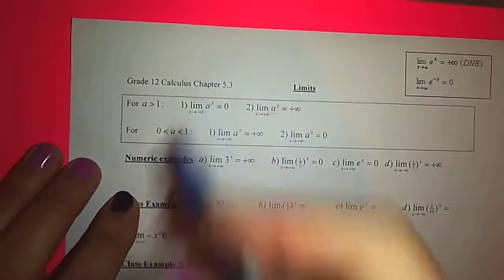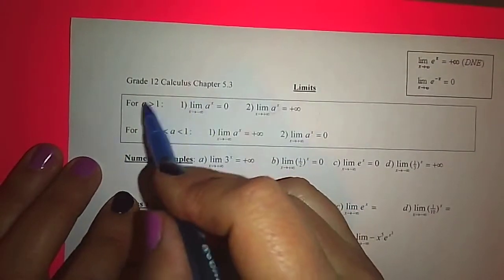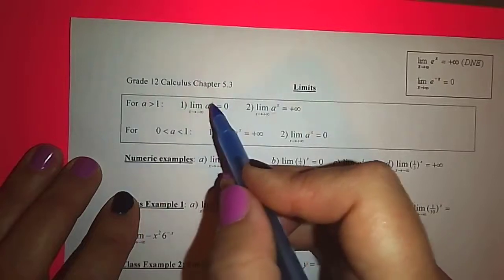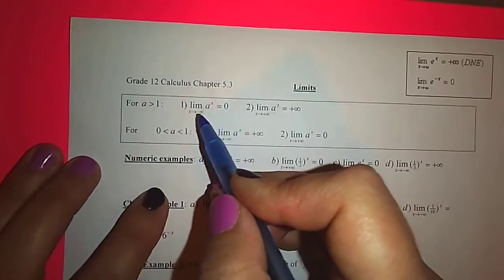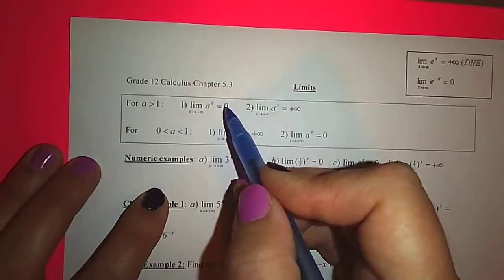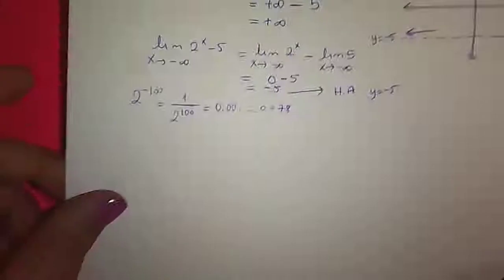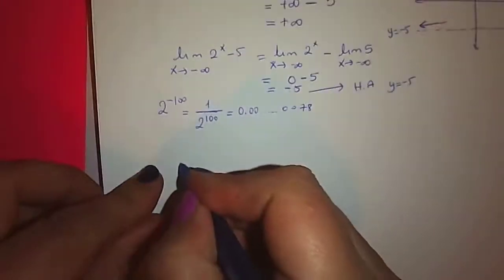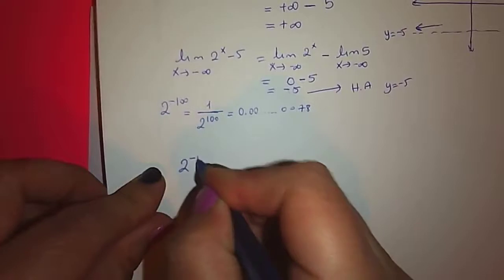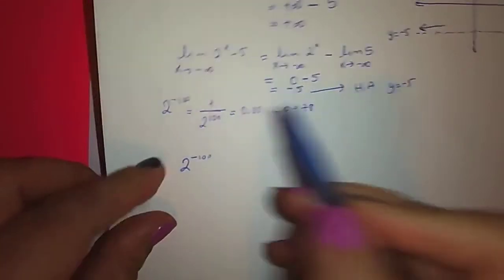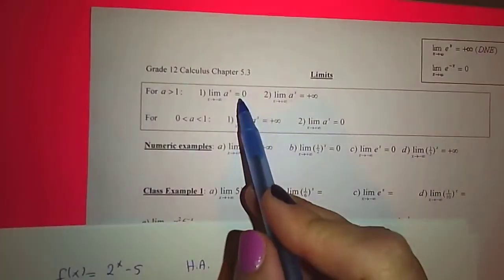If we have a base greater than 1, let's say 2 to the power of x, as x approaches negative infinity, you get 0. We just discussed that, right? If you have 2 to the power of a very big negative number, that approaches 0.